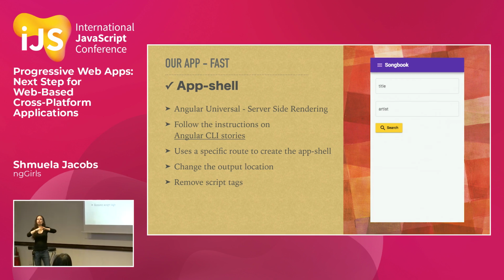An app shell is the initial view which only needs HTML and CSS and is shipped in the first index HTML or other HTML file that we give to the user before all the scripts are shipped and loaded and run in the browser.